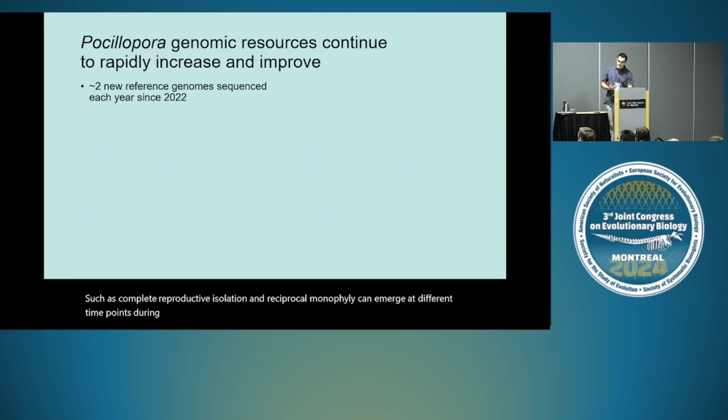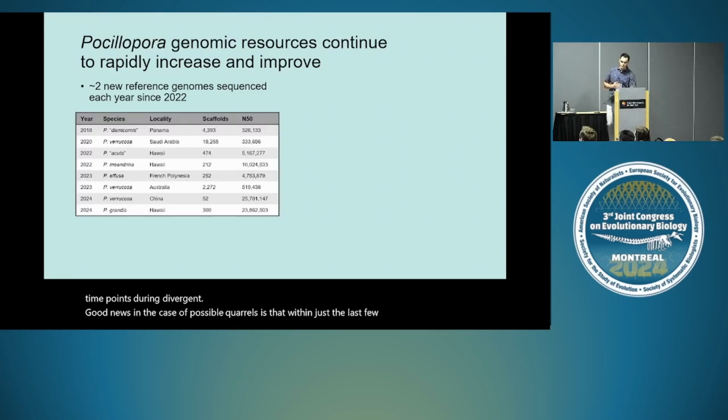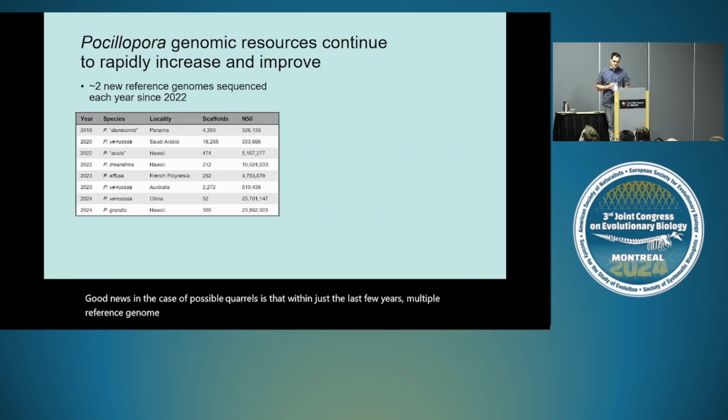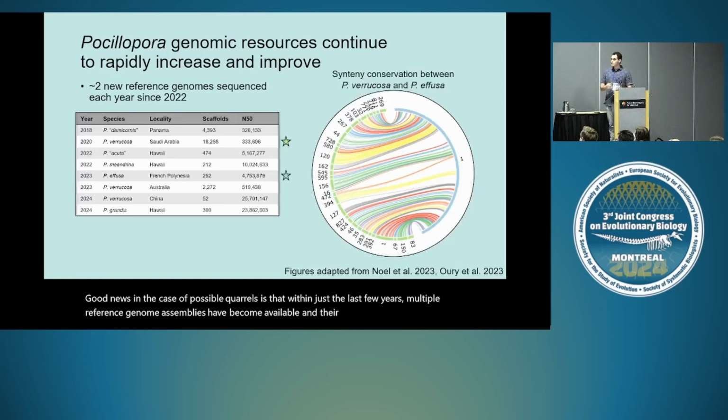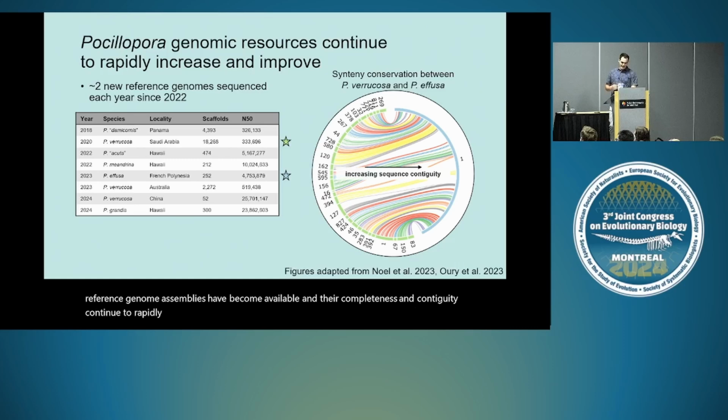The good news in the case of Pocillopora corals is that within just the last few years, multiple reference genome assemblies have become available, and their completeness and contiguity continue to rapidly improve. And you can see this reflected in the increasing sequence contiguity and conserved synteny and gene order between these reference genome scaffolds assembled from different species originally collected in Saudi Arabia and French Polynesia and published in papers only 3 years apart.